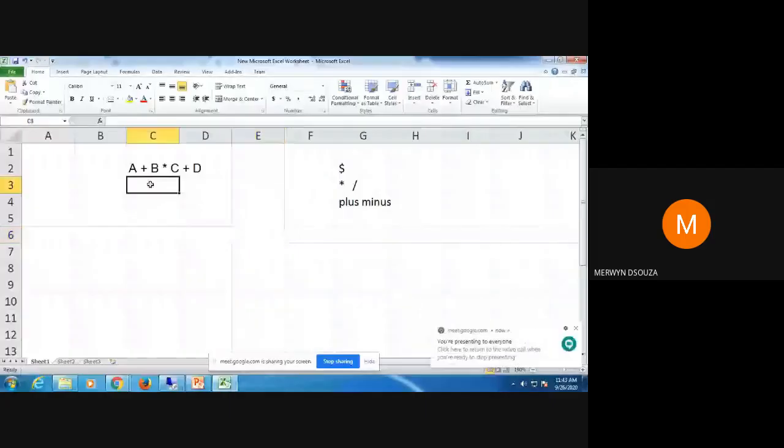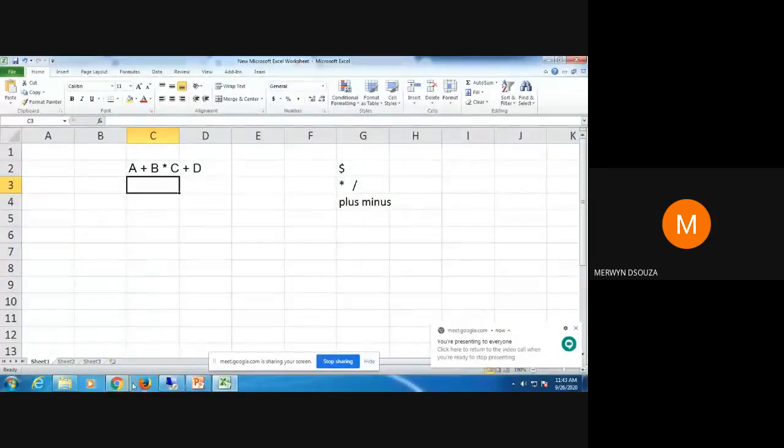I hope you all can see my screen. This is the expression that was given to you: A plus B multiplied by C plus D. You have to remember this table when you are solving. If there are parentheses, then parentheses will have the highest priority.